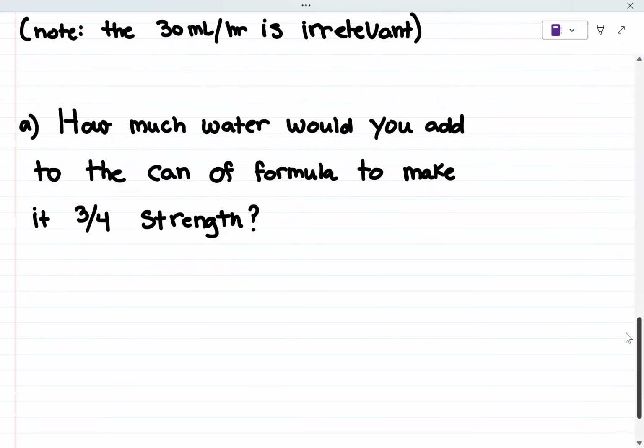What you would do is convert three-fourths to a decimal. So three-fourths as a decimal would be 0.75 x, and that's equal to 240. Then to find the final volume of the solution, you just divide both sides by 0.75.